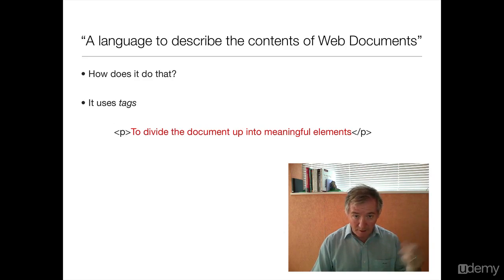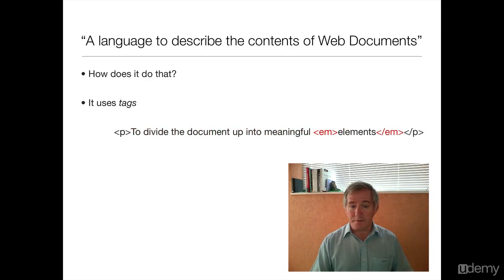It is important to get that distinction between tags and elements clear in your mind. Often in some of the textbooks they're confused, and some of the online articles also confused. They're quite distinct things. The tags are things to delimit a meaningful element, and an element can have sub-elements.